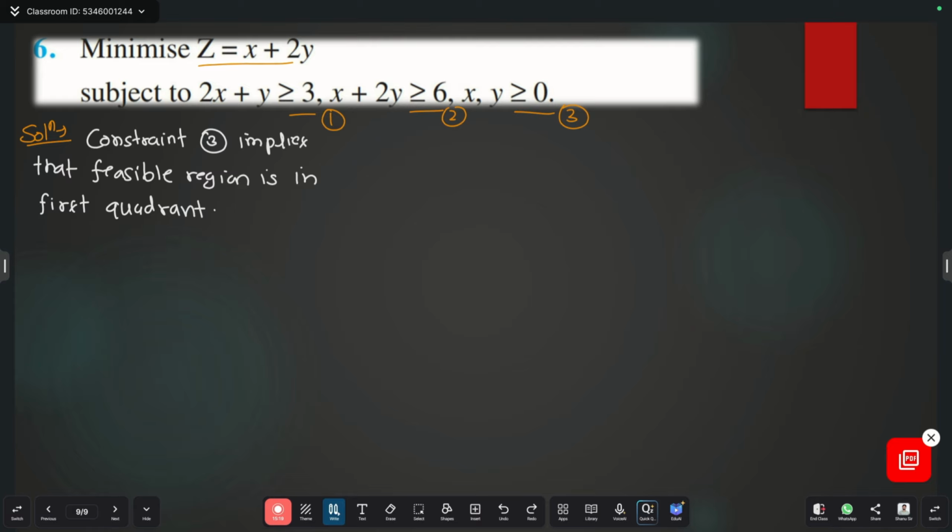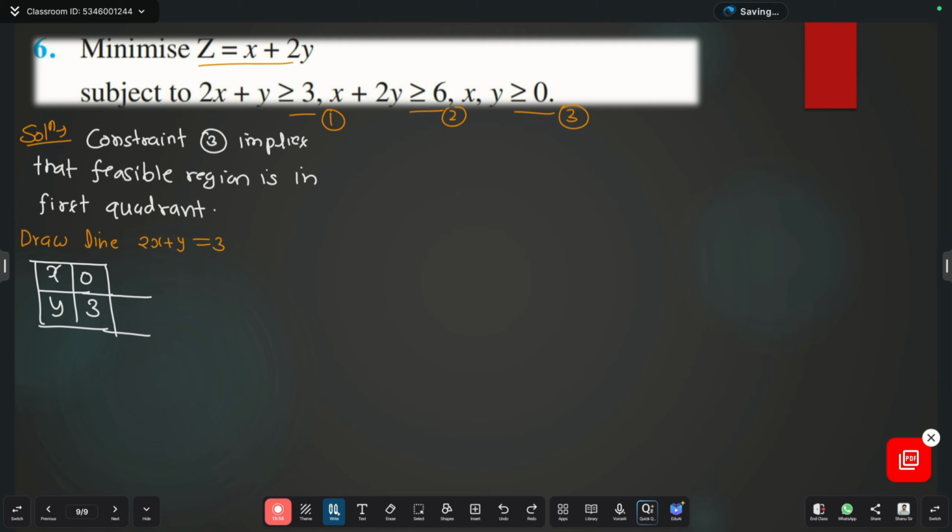After that, we have to draw constraint number 1. For that, we will draw the line first. Which line? 2x plus y equals 3. X value 0, then y value 3. And y value 0, then x value 3 by 2.